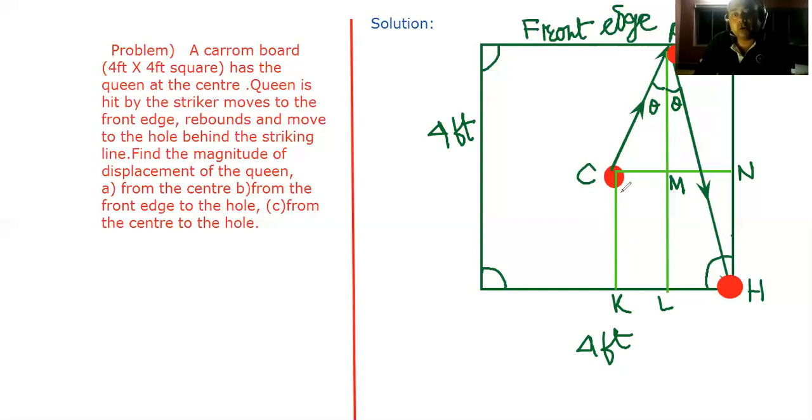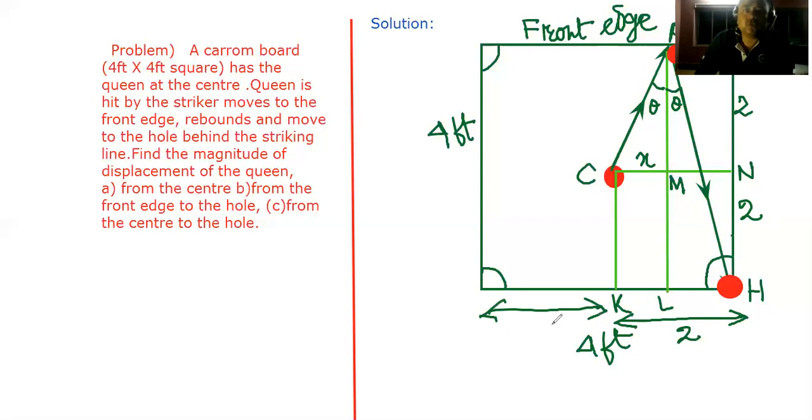Now, let CM be X. One thing is clear: these are all midpoints. N is the midpoint of this side of the square, so this is 2 feet and this is also 2 feet. Similarly, this KH length is also 2 feet, and this will also be 2 feet.